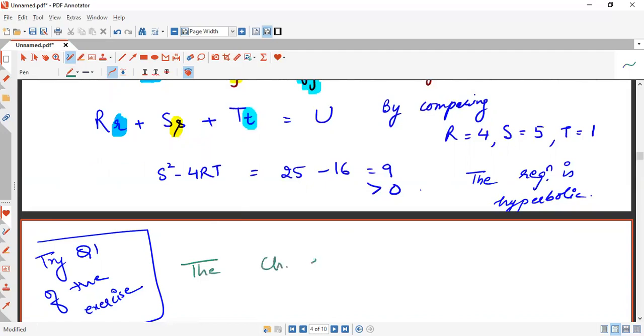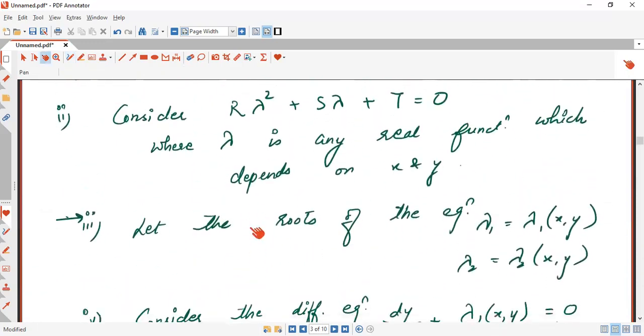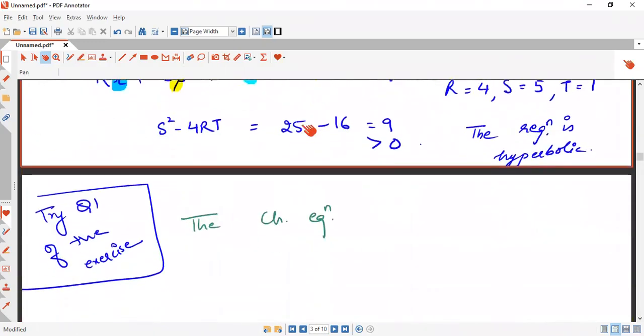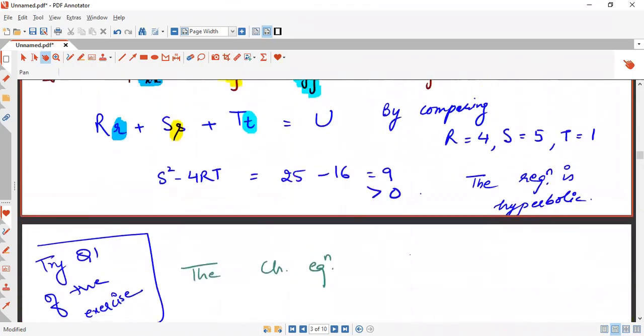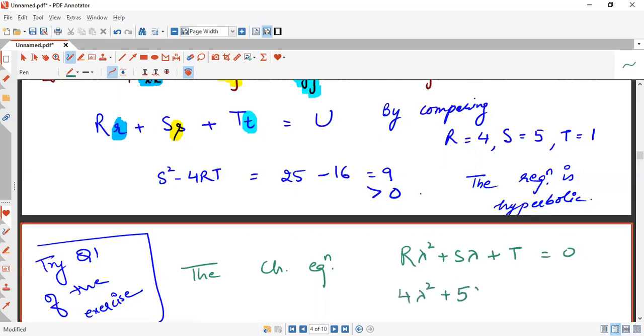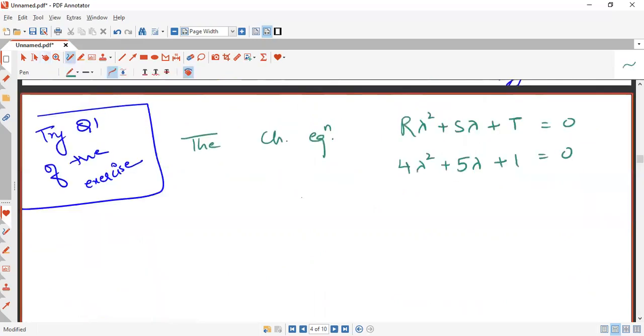The characteristic equation, which includes R, S, and T and the real function lambda, is R lambda square plus S lambda plus T. Substitute R, S, and T: 4 lambda square plus 5 lambda plus 1 equals 0. Now let's find the solution. I'm leaving it to you. What will be the values of lambda? Try this. You will get minus 1 upon 4 and minus 1.